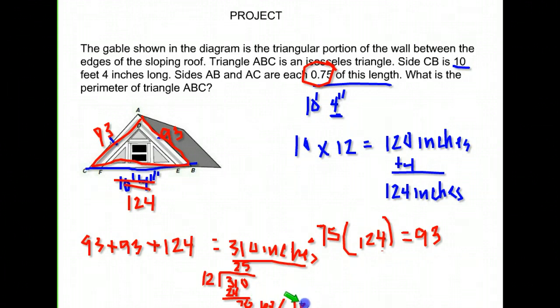And 70 minus 60 leaves me with a remainder of 10. So my answer here would be 25 feet, 10 inches.